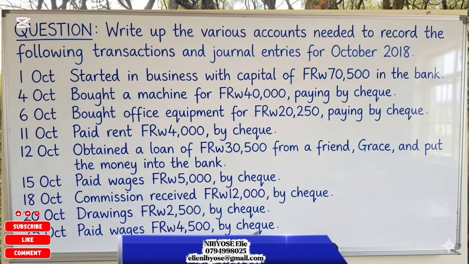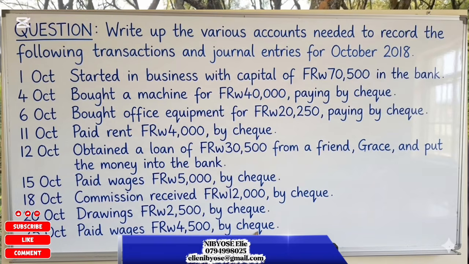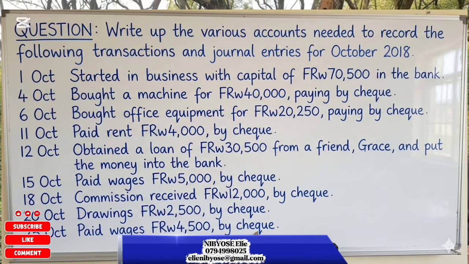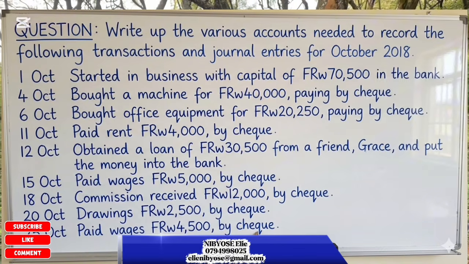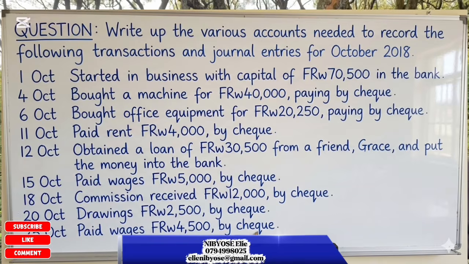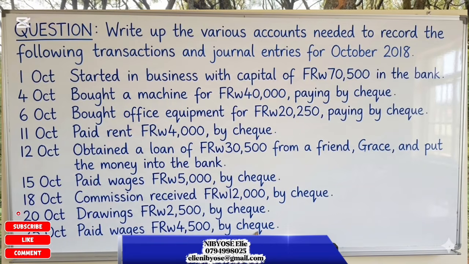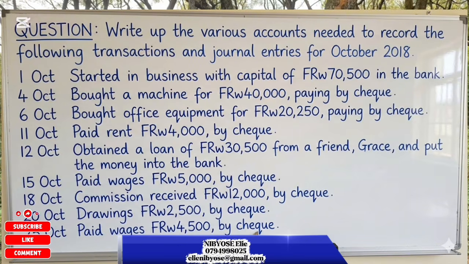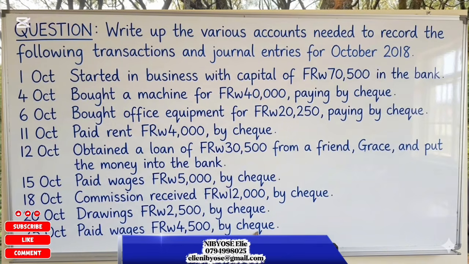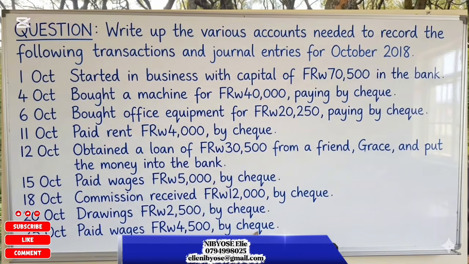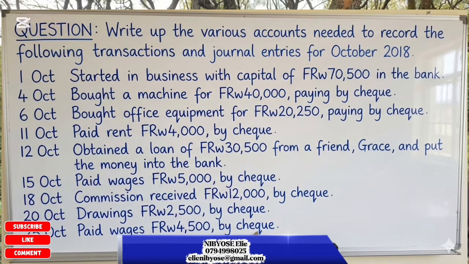On 6 October, bought office equipment for 2,250, paying by check. On 11 October, paid the rent of 4,000 Rwandan francs by check. On 12 October, obtained a loan of 30,500 Rwandan francs from a friend Grass and put the money into the bank. On 15 October, paid the wages of 5,000 Rwandan francs by check.